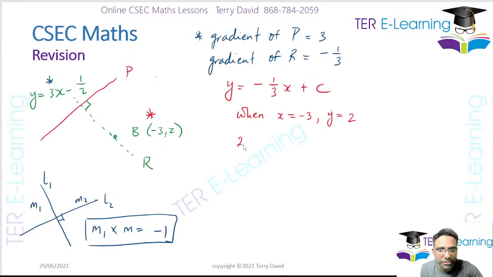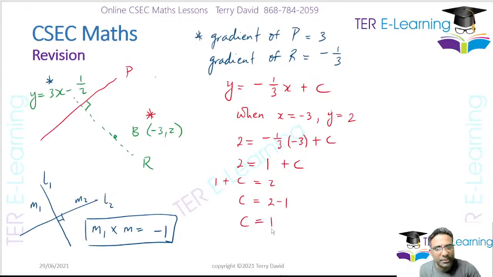So this is going to be 2 is equal to minus 1/3 multiplied by minus 3, plus c. Minus 1/3 multiplied by minus 3 gives me 1, so 2 is equal to 1 plus c. Therefore c is equal to 2 minus 1, so c is equal to 1.